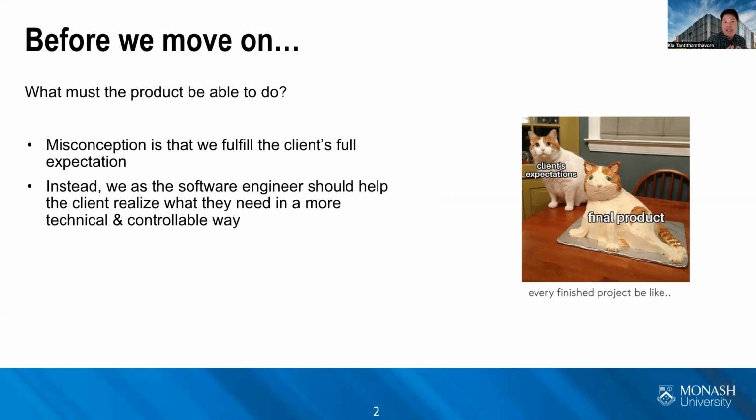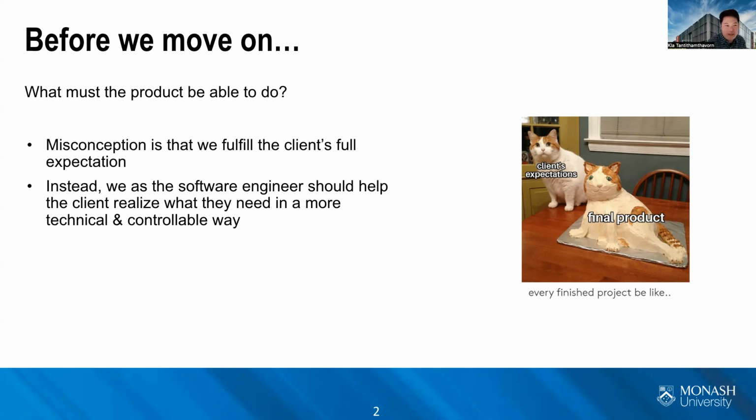Client expectation, and this is the final. What we mean is that, we as software engineers, as I mentioned before, need to elicit the requirement, understand everything, communicate with them, okay, and avoid some misconception here as well, that as developers, we need to fulfill all of the client's full expectation.